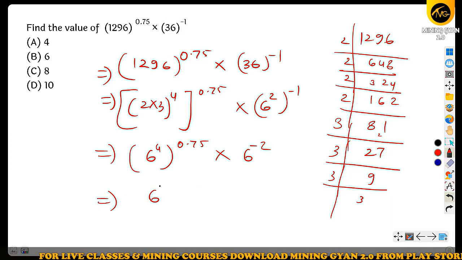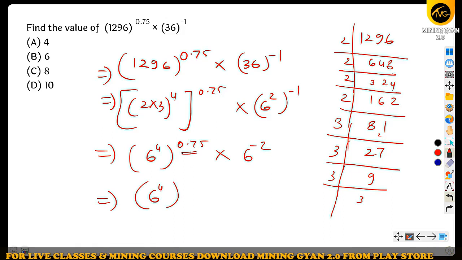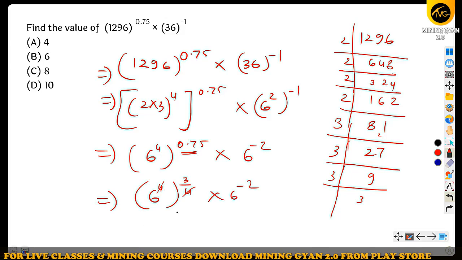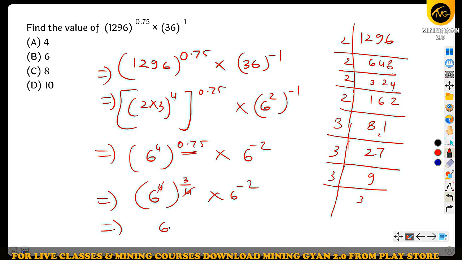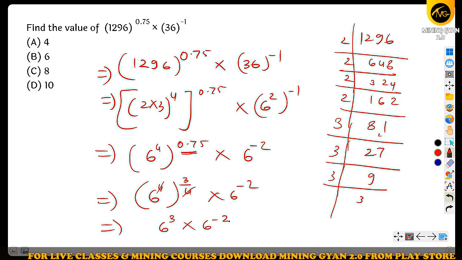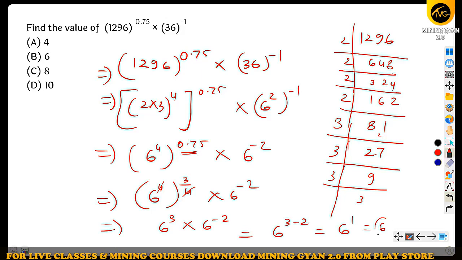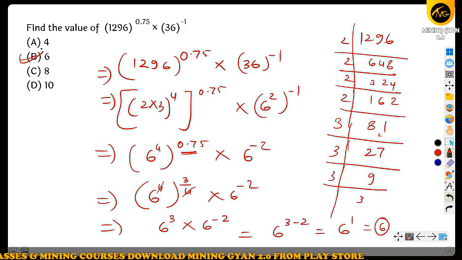We can also write 0.75 as 3 divided by 4. So 4 and 4 cancel, and we can write 6 cube into 6 power minus 2. That means 6 power 3 minus 2. Now 6 power 1 means the answer is 6. So option B is the correct answer, that is 6.